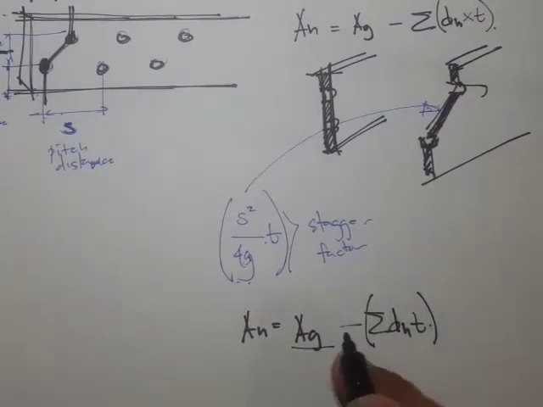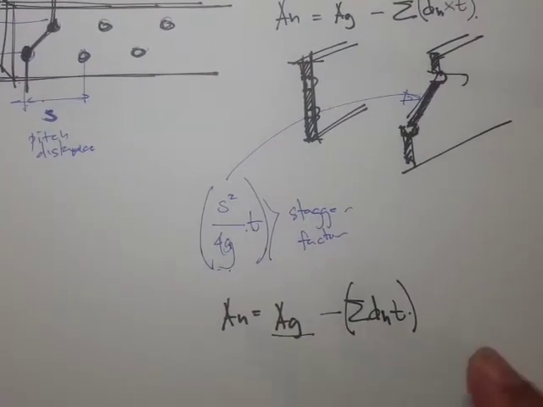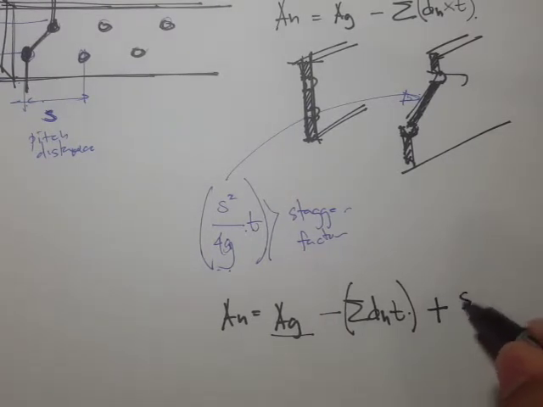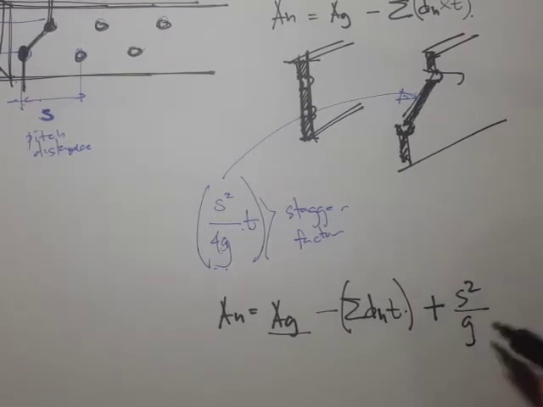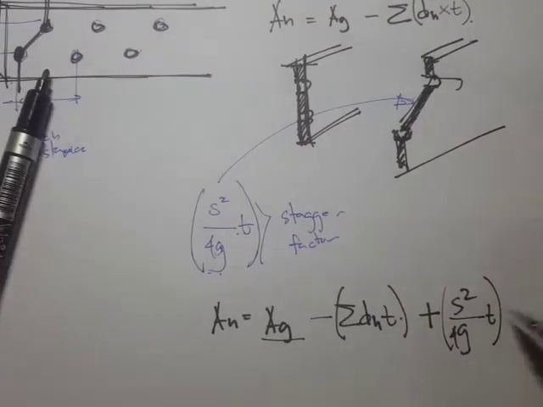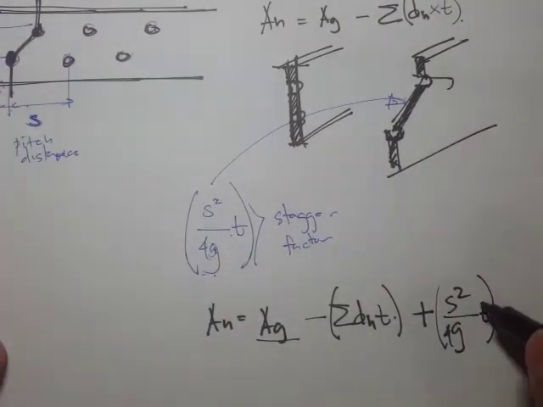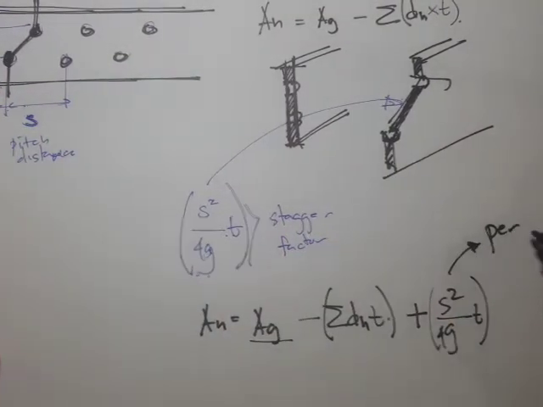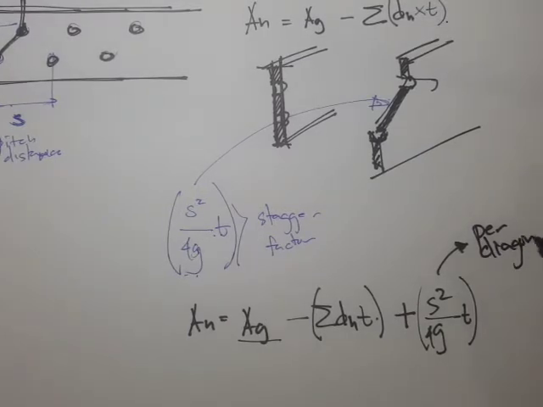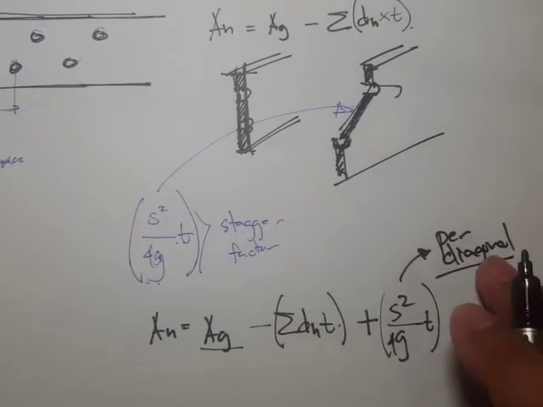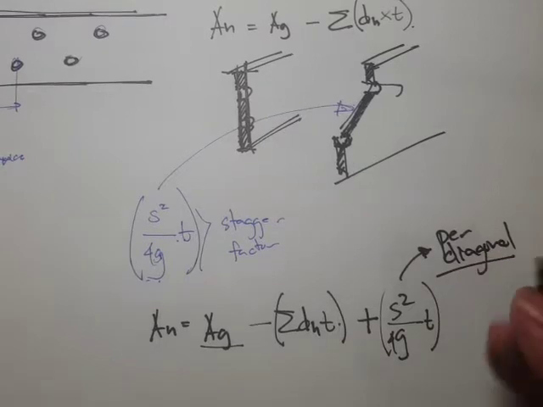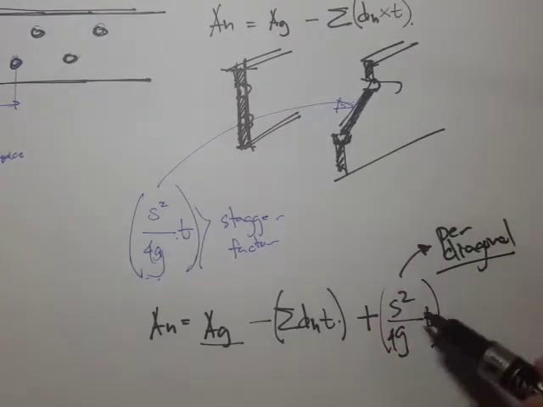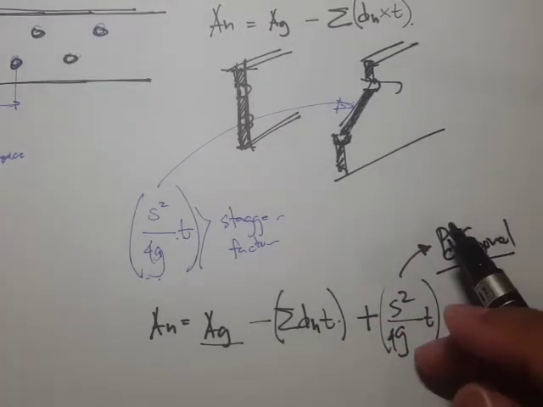This is the area provided by the bolt holes. Plus s squared over 4g times d. Take note, this s squared over 4g times d is per diagonal. So if there are, let's say, 3 diagonals, then you're going to have three stagger factors.